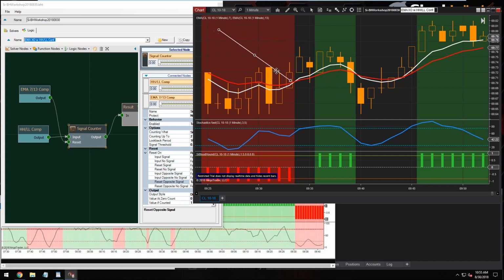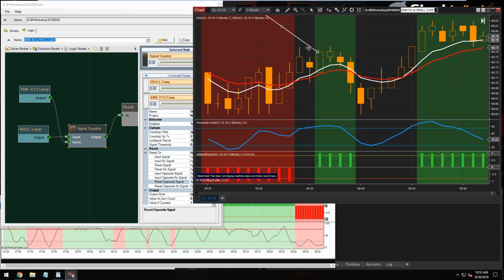So let's go back here when the EMAs cross up. So here's our first bar after the cross up, and we have one higher high, right? So there you go. This is a higher high from the previous. Next bar, nope, that's a lower high, so it doesn't count.